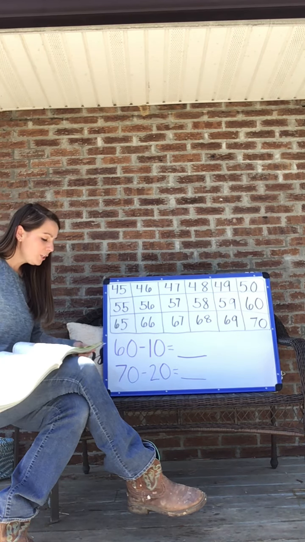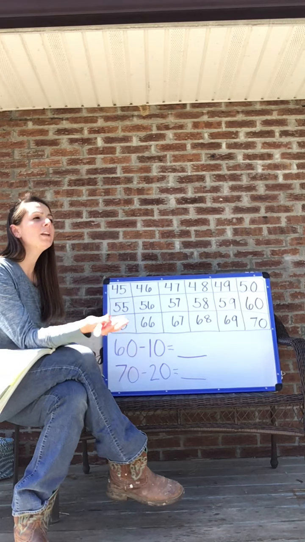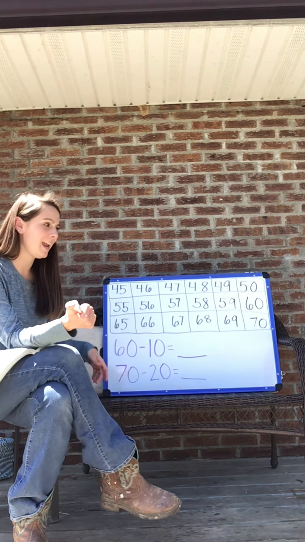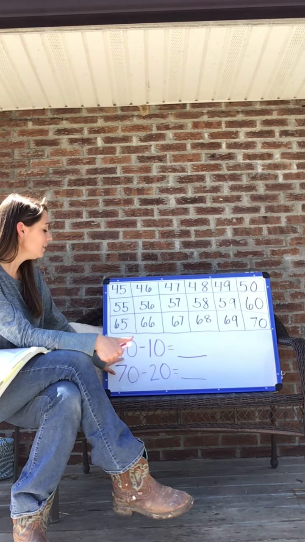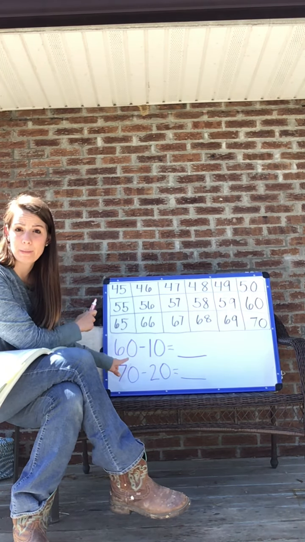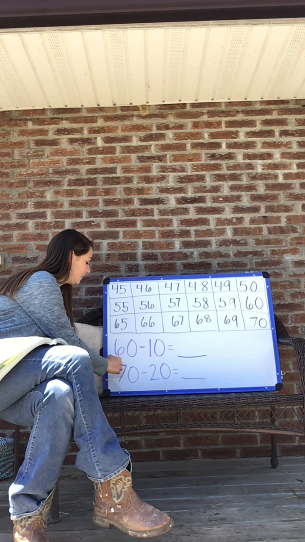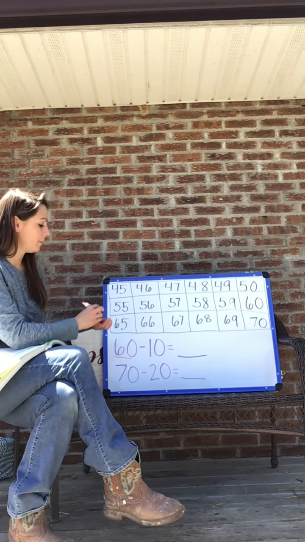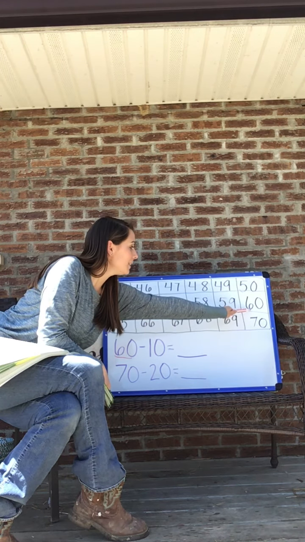When you're given a problem, like let's say 60 minus 10, I always need to find this first number. The first number in this subtraction sentence is 60, so I look at my hundreds chart and find my 60.